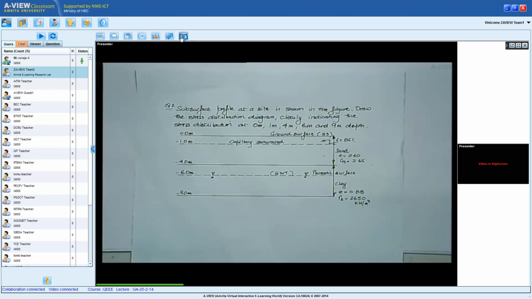If you have understood, the question is very similar to the previous one, except that in this case, you are asked to find out the stress distribution when the soil capillary exists.